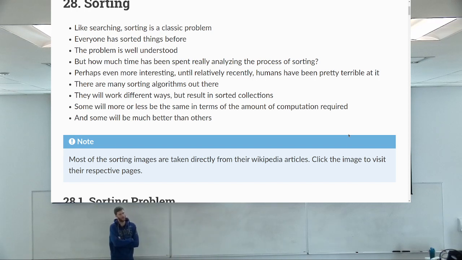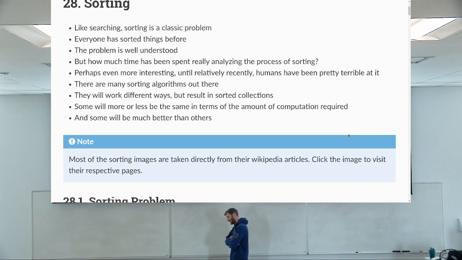What's interesting about sorting, in addition to being well-defined, it's well understood, you all know what the problem is, you know what the solution should be. In addition to that, it might seem like sorting is trivial. Like sorting, we all do it. But until relatively recently, I shouldn't say we've been bad at it.